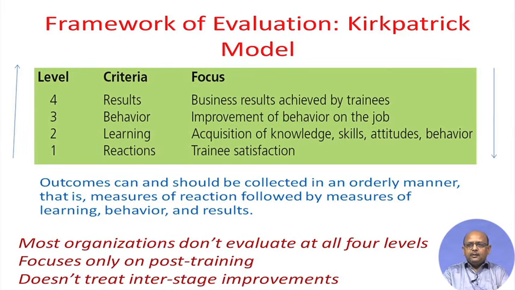So, the measurement at levels 3 and 4 takes place at a later stage, right. So, if you look at the arrow on the right side, you can see that reaction is the first thing that you are going to measure, second you measure the learning, third the behavior, and the fourth is performance. Okay. So, this talks about the immediacy of the measure, and learning and reactions take place immediately.